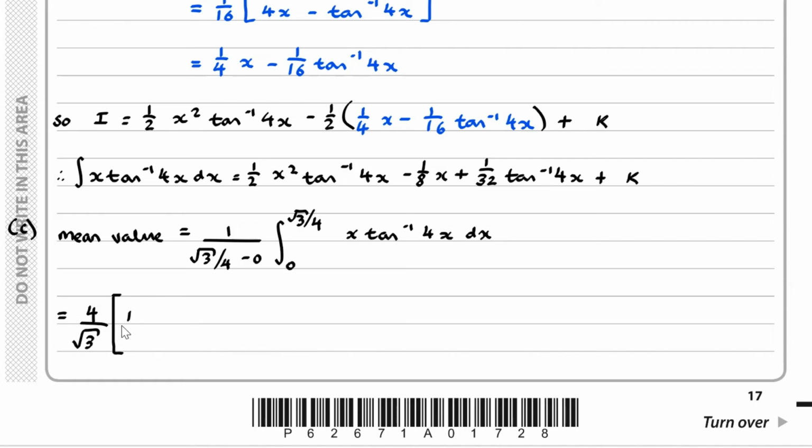So we've got 1/2 x squared times by the inverse tangent of 4x minus 1/8 x plus 1 over 32 times by the inverse tangent of 4x, and we're going to evaluate this between 0 and root 3 over 4.